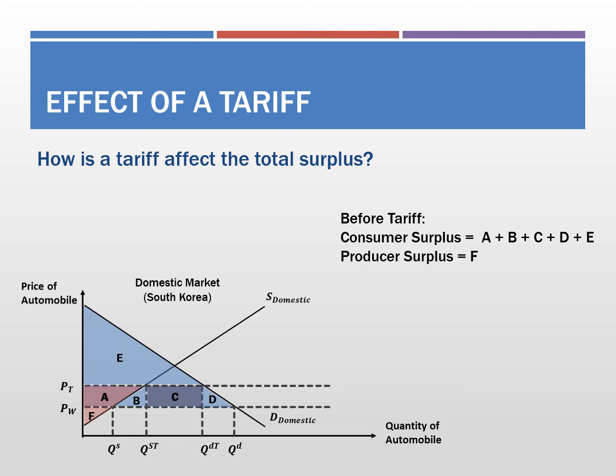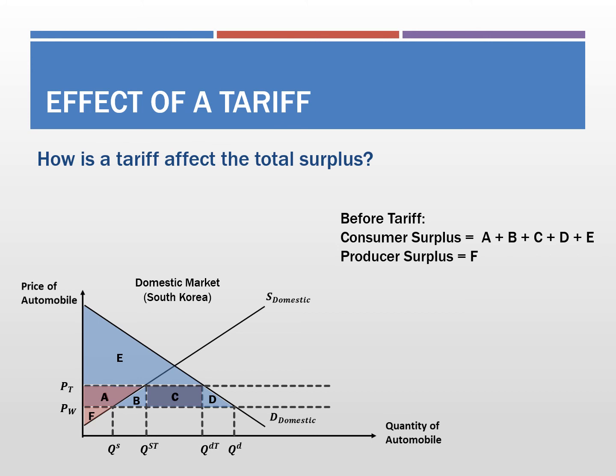And of course, the answer is pretty clear to see. The distance between QST and QDT is the total quantity of cars being imported. So in this case, the length of the rectangle represents the quantity of cars imported. The height of the rectangle represents the tax being collected by the government for each car being imported. So area C right here represents the total amount of tax revenue or tariff collected by the government for imported cars.